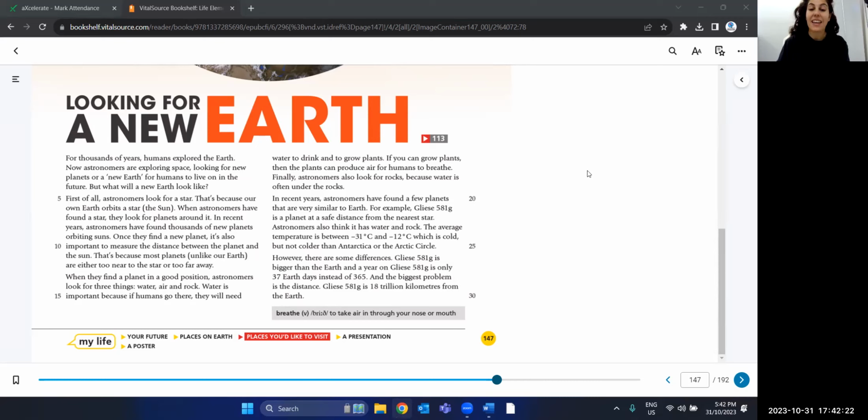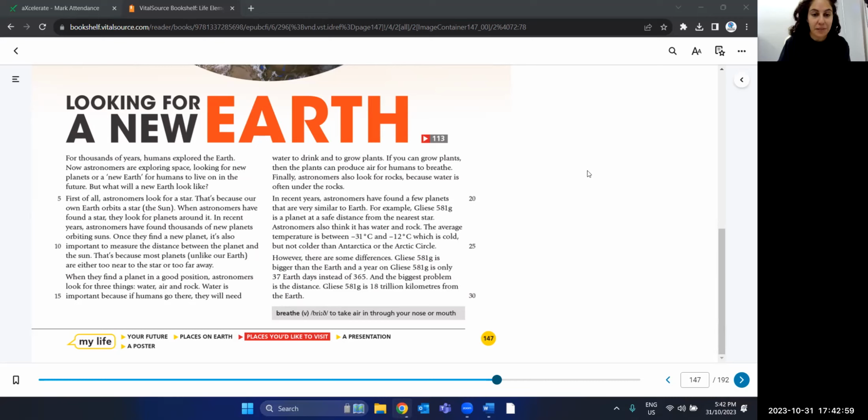However, there are some differences. Gliese 581g is bigger than the Earth. And a year on Gliese 581g is only 37 Earth days instead of 365.